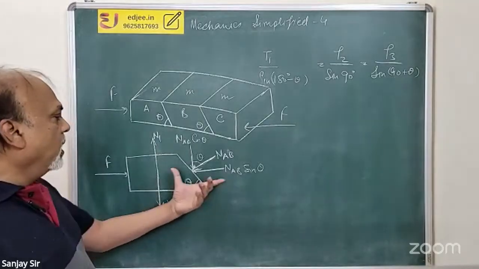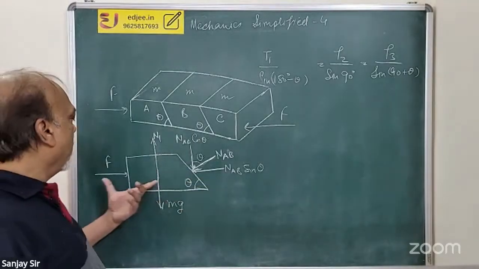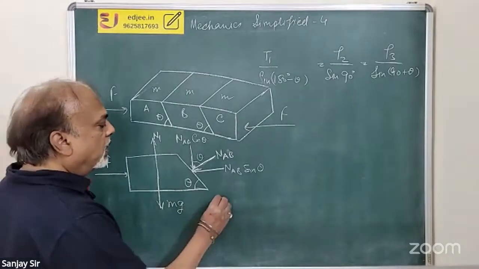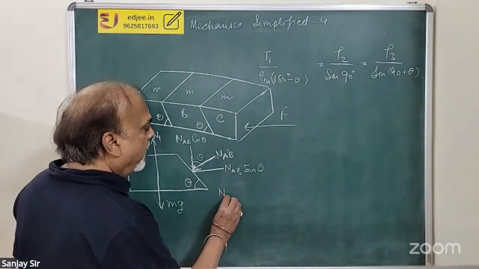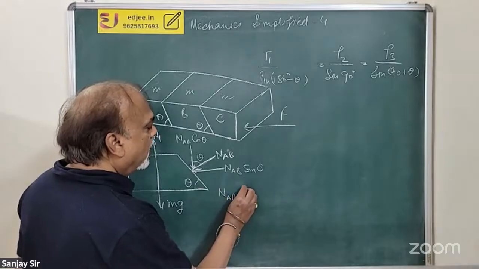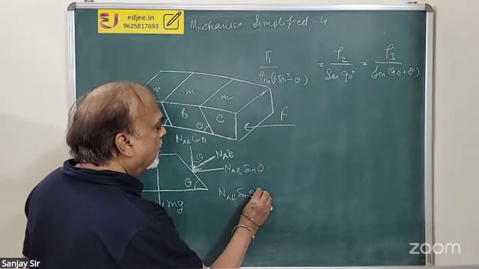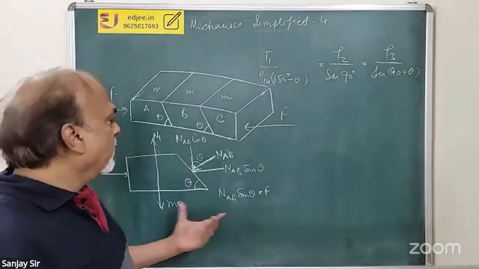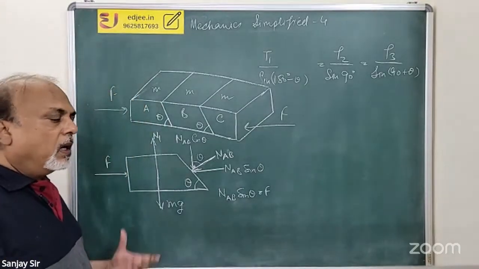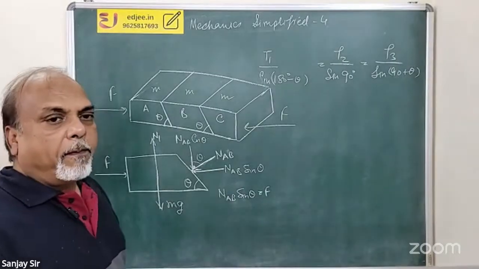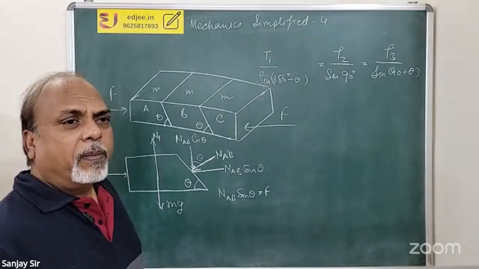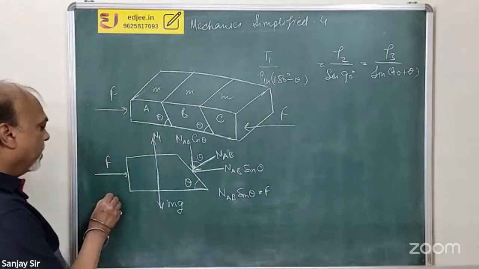Horizontally, if you see, then NAB sine theta is nothing but F, because no other force is there horizontally.